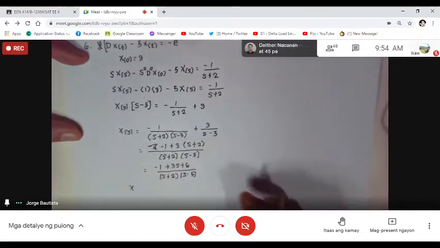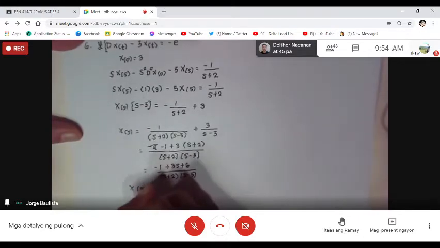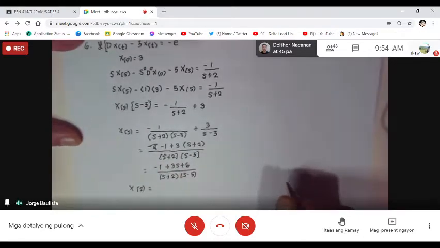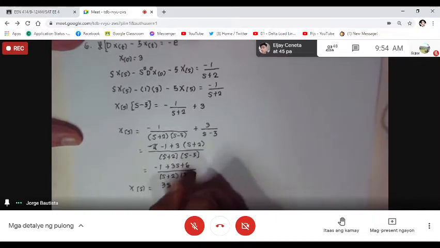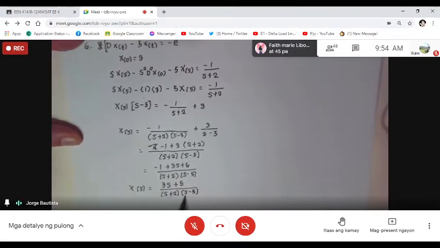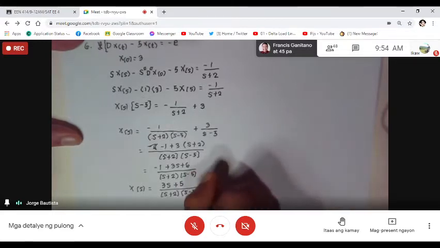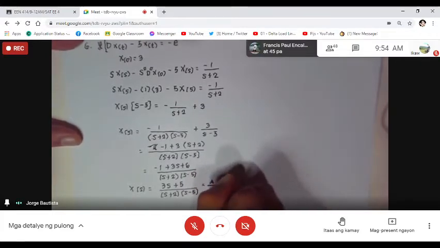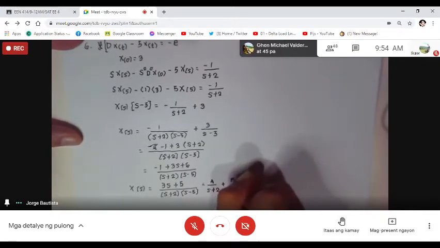So therefore, X(s) is equal to 3s plus 5 all over s plus 2, s minus 5. The roots are real. So therefore, you have A over s plus 2 plus B all over s minus 5.